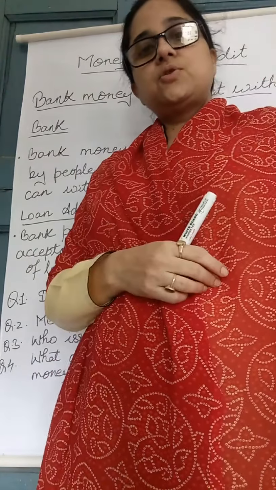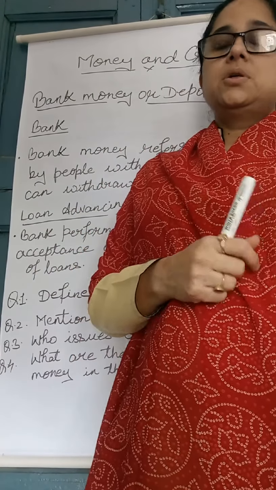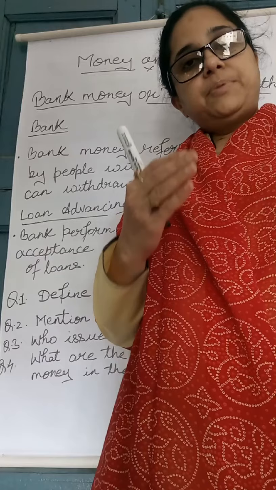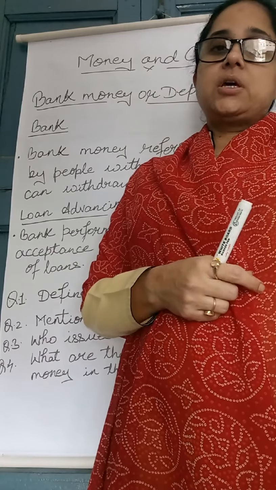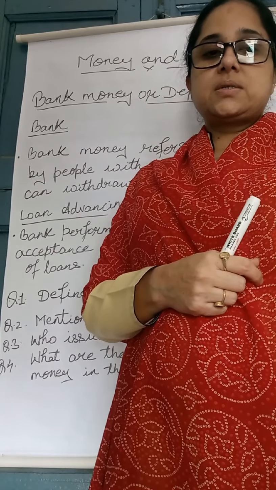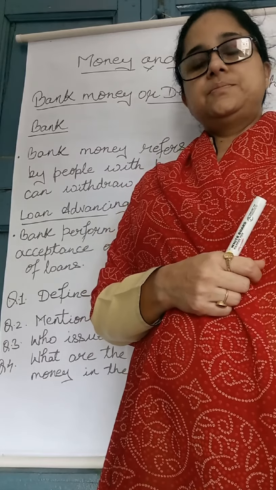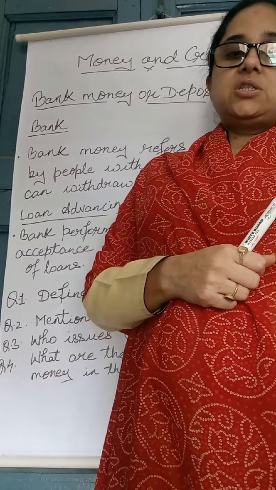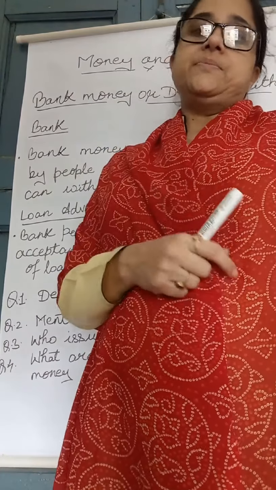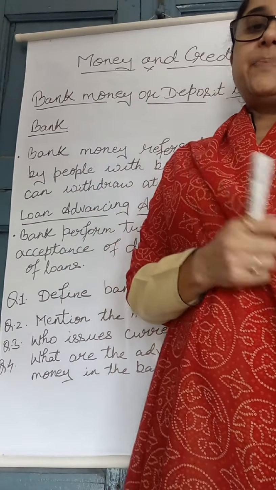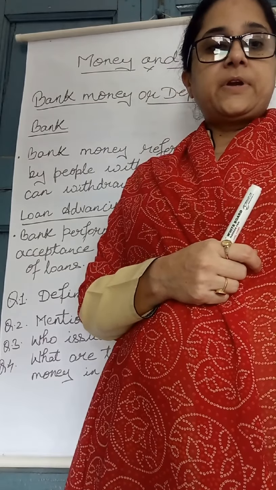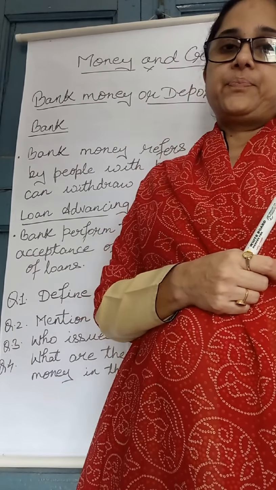In the previous video I explained to you about modern forms of money, that people have exchanged their goods and services from the very beginning. The medium of exchange kept on changing at different times. On that basis, we can have different phases.